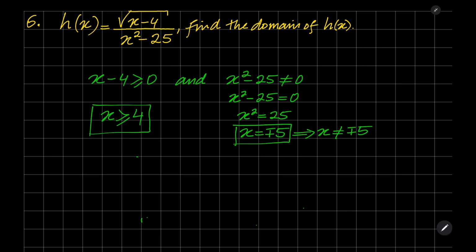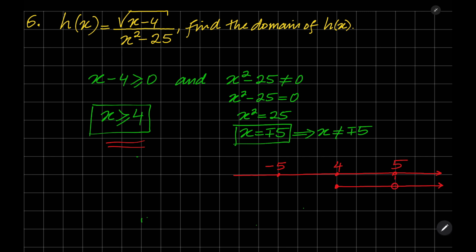Let me change the color and draw a number line. Let's say this is -5, this point is 4 and this point is 5. It says x must be greater than or equal to 4. But x cannot be equal to 5.